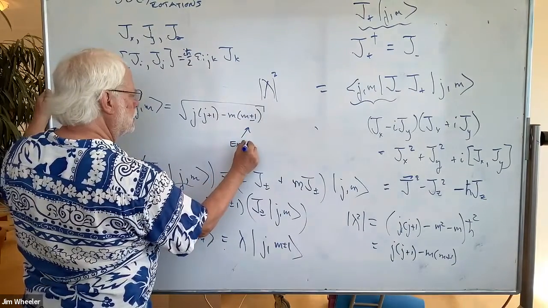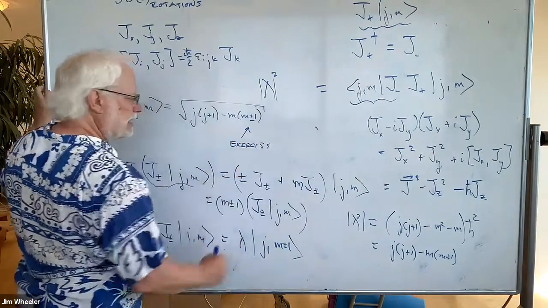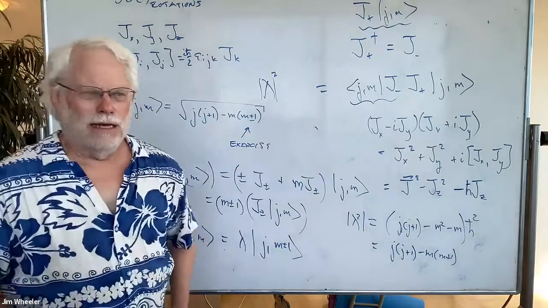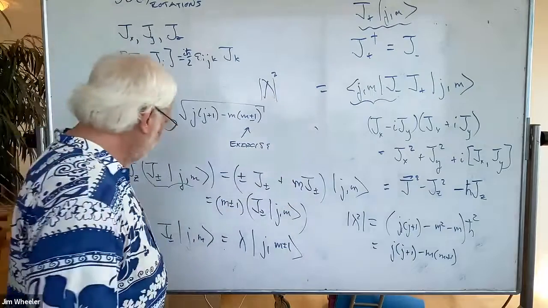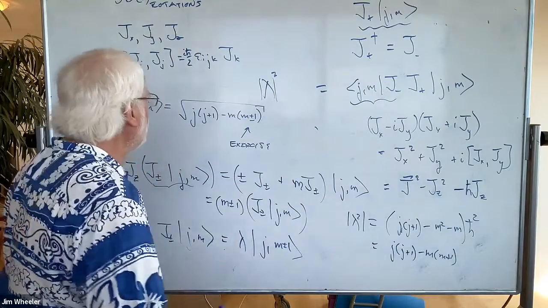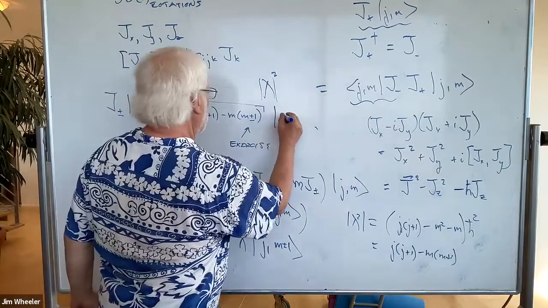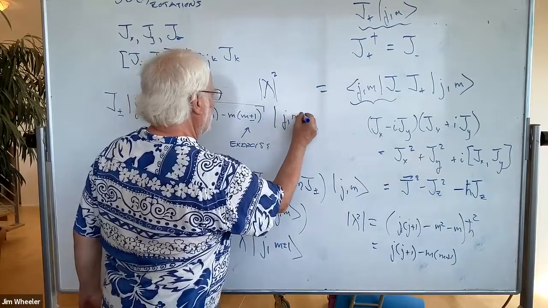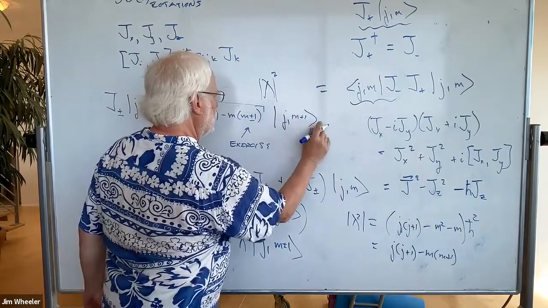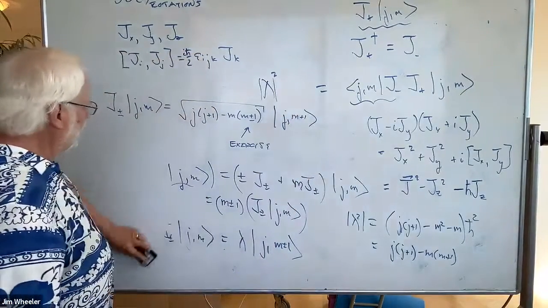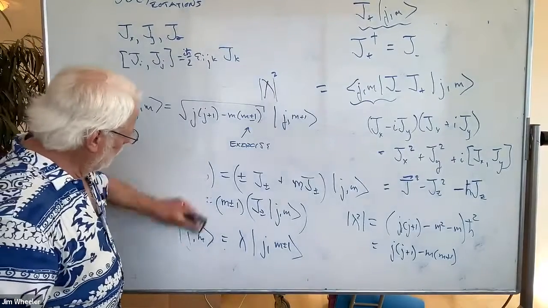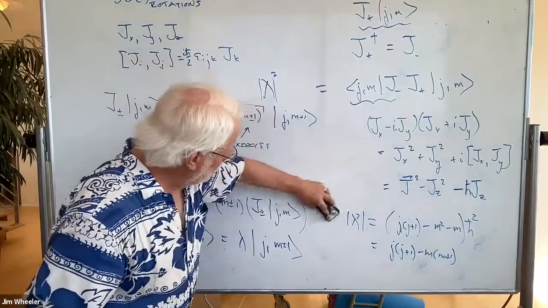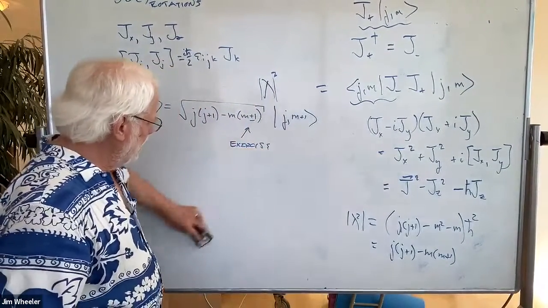Just check that to see that you're getting it all. It's the same thing I did here. So times the raised state, j m plus 1. Now I know exactly how J plus and J minus act on my basis of states.